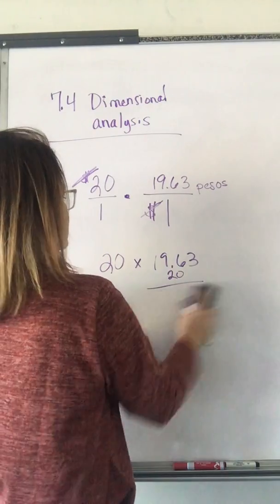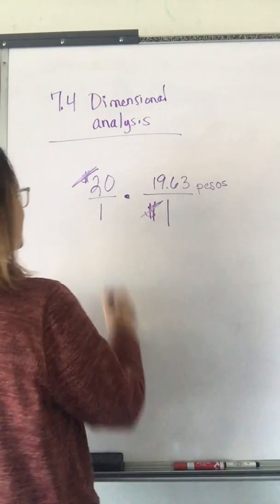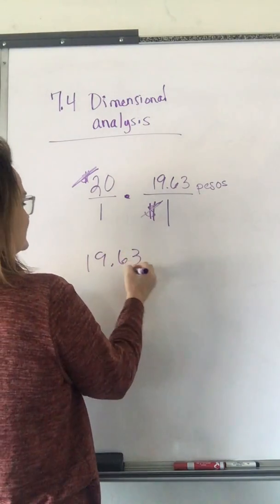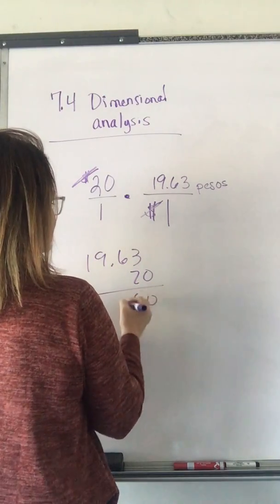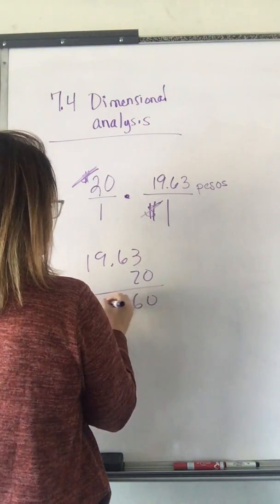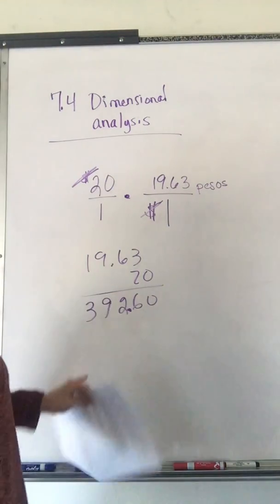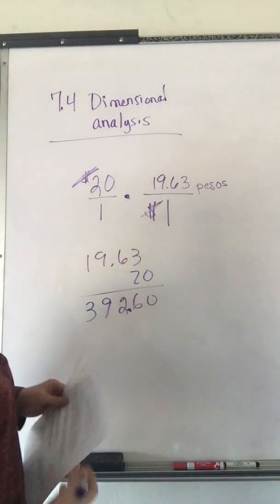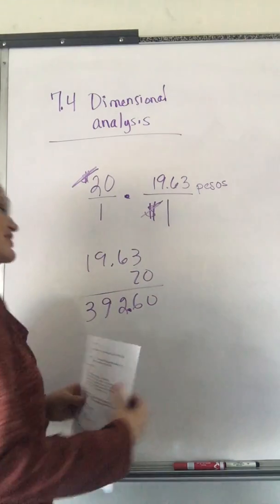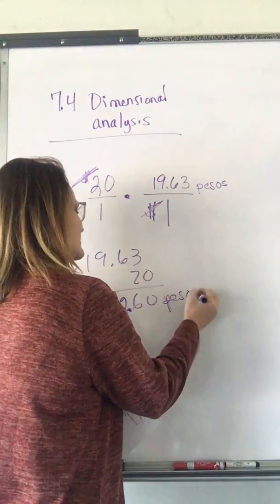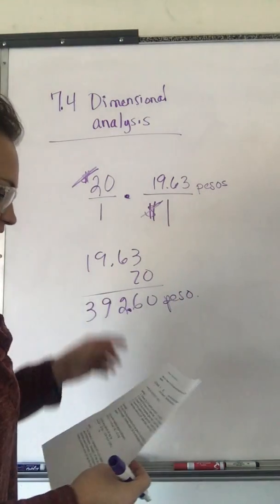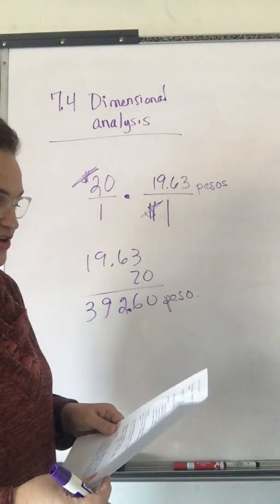I better just work that out, hadn't I? 19.63 times the 20, there we go. 392.6 in pesos. So once you multiply that, that converts it out to the peso. All right, I'm going to miss my calculator. I forgot to bring that along, I said.